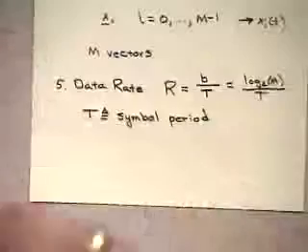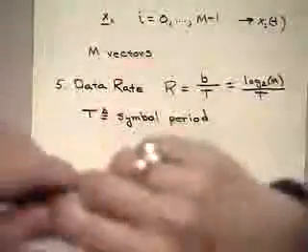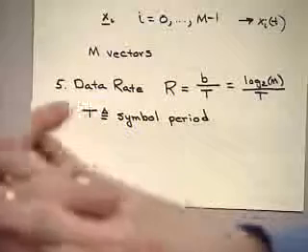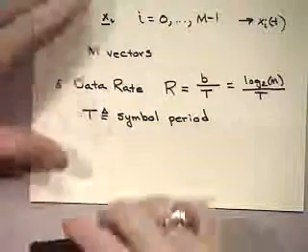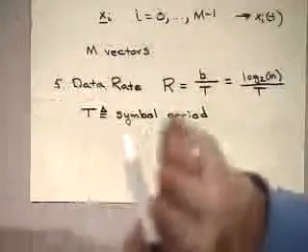Some people also refer to this as baud, but that term is so badly abused in communications, it's best to use symbol, very clear in the definition. So it's a number of seconds.